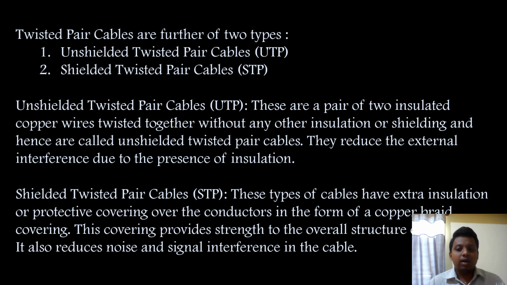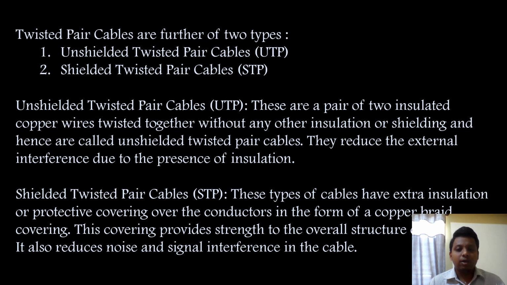This reduces the external interference due to the presence of insulation. Now let us look into the shielded twisted pair cable. These are cables having extra insulation or covering over the conductors in the form of a copper braid covering. This covering provides strength to the overall structure of the cable. It also reduces noise and signal interference in the cable.